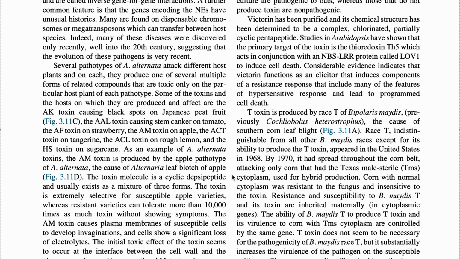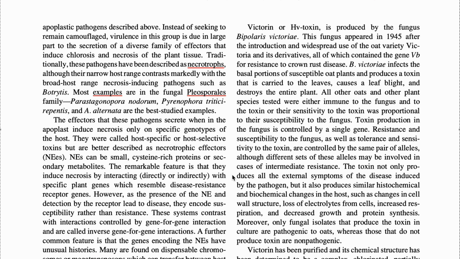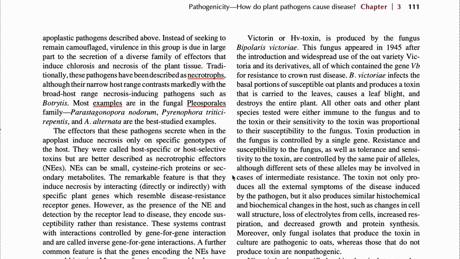Now, do you know how they kill the cells of the plants? They do it with the help of some toxins. They release some toxins due to which the plant cells die. One such example of a toxin is Victorin or HV toxin. This HV toxin, Victorin, is important. Remember this toxin name because it is the first host specific plant toxin. It comes up in exams and it is produced by the fungus Bipolaris victoriae.